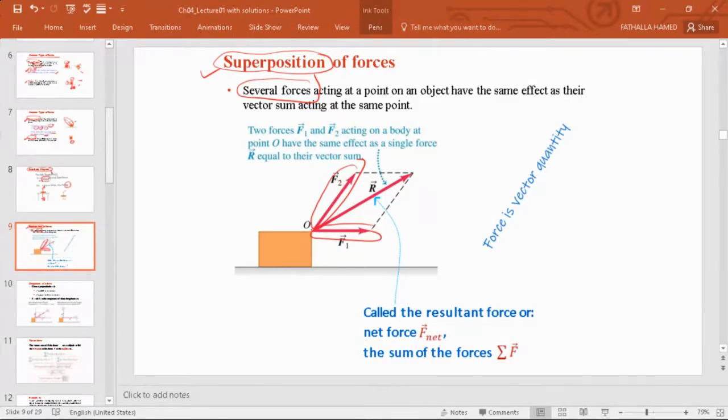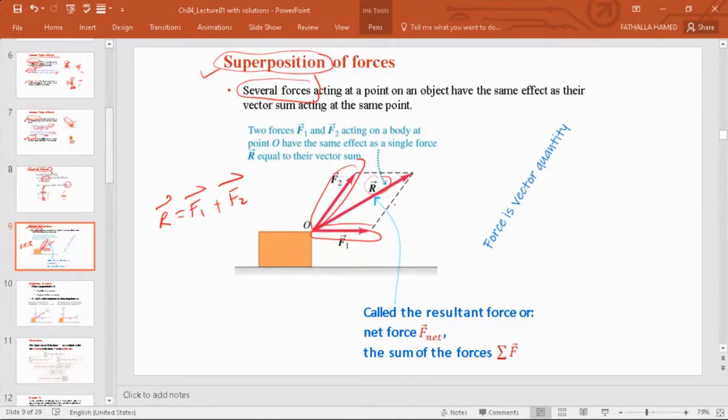So you're bringing the tail of F1 onto F2 on F1. And in this case, you're going to get a resultant force which will equal F1 plus F2. Or you can take the tail of F1 and you bring it there. You put it on the head. And in this case, you will have F1 plus F2 as vectors. And that will give you your resultant force. So we can say here R will equal F1 plus F2, if I'm taking this situation here.